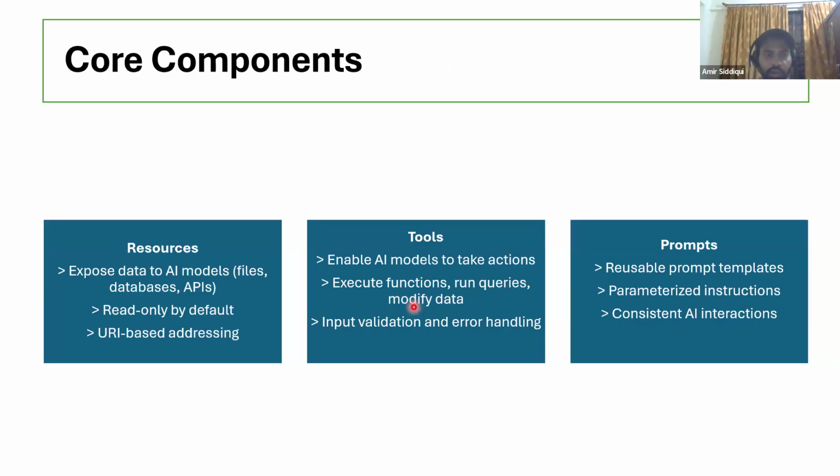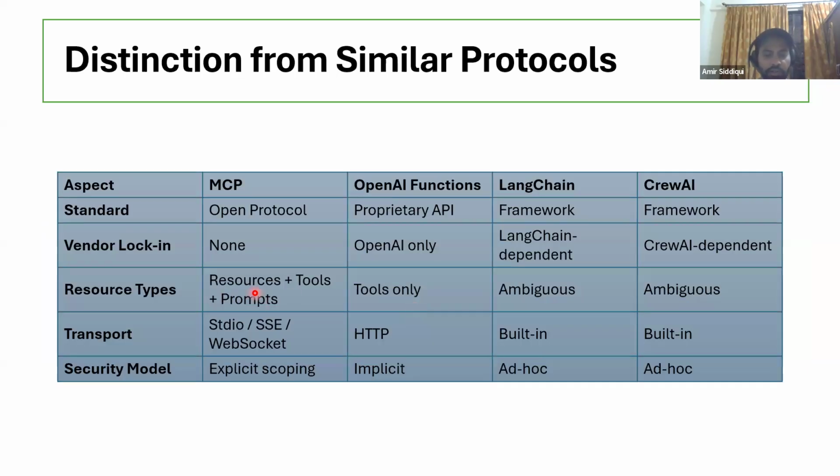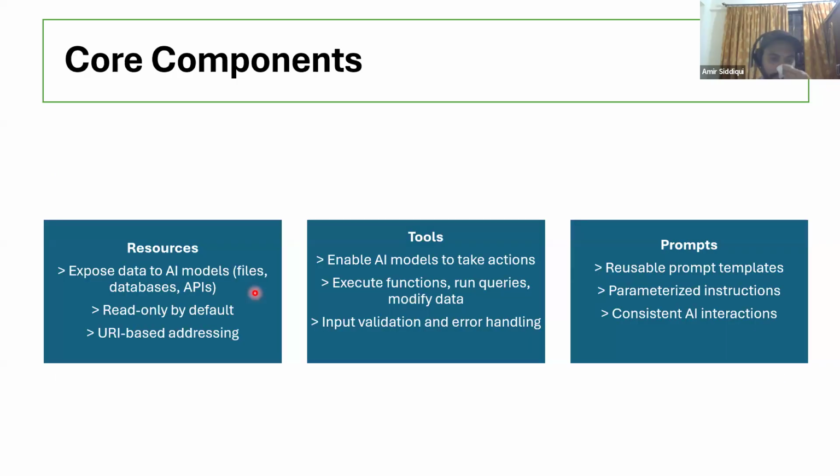Now, let's talk about the core components that we saw in the earlier slide: resources, tools, and prompts. Resources are nothing but a way to expose your data to any AI model, and your data can be in files, maybe CSV files, Parquet files, it can be in databases, or it can be in APIs.